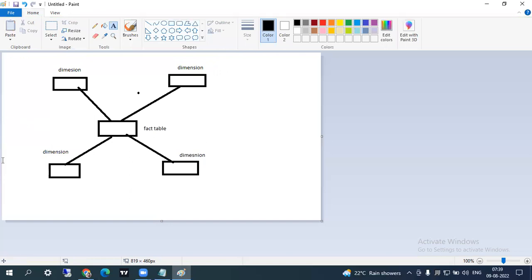So the structure is looking like a star. That's why we call this star schema.